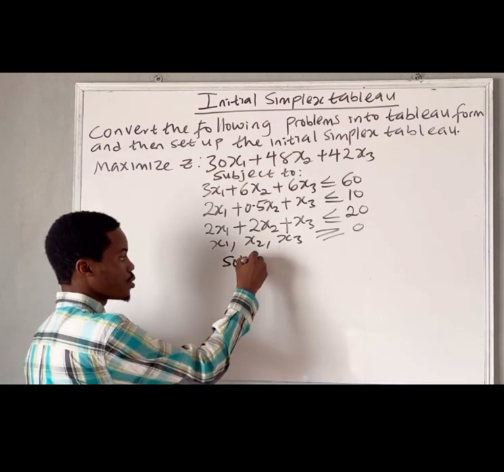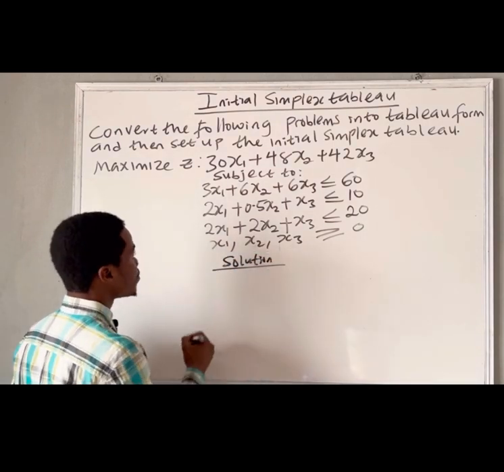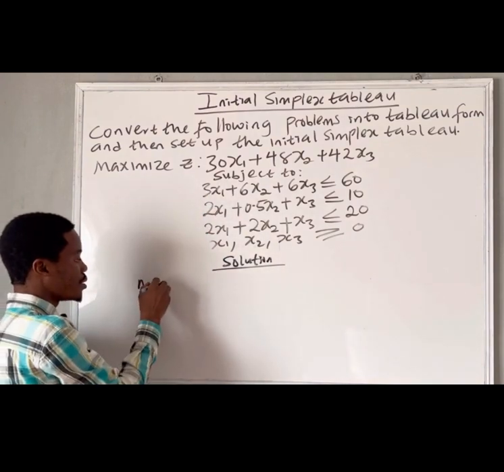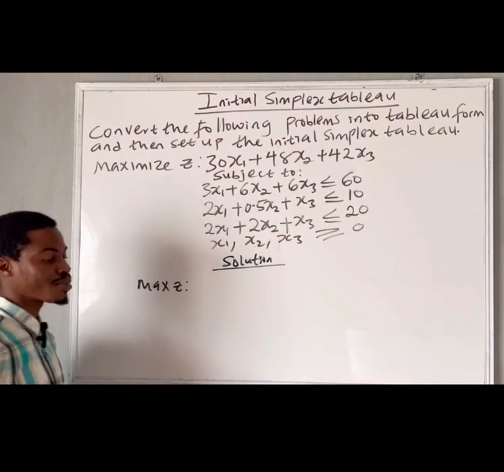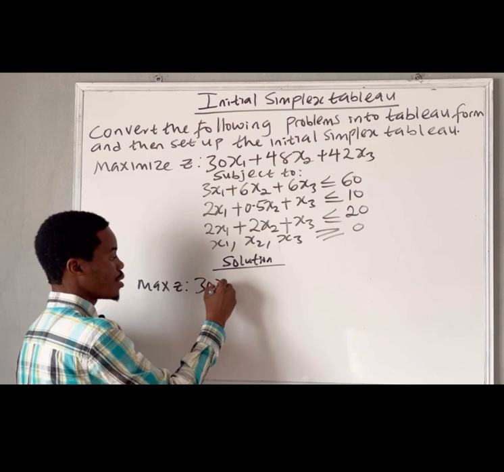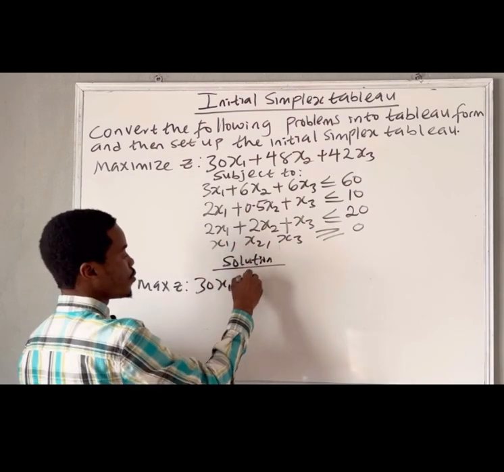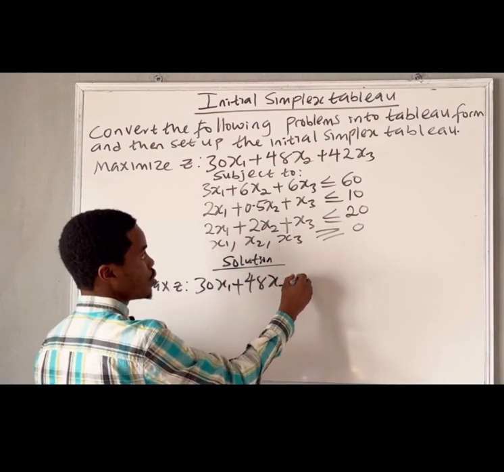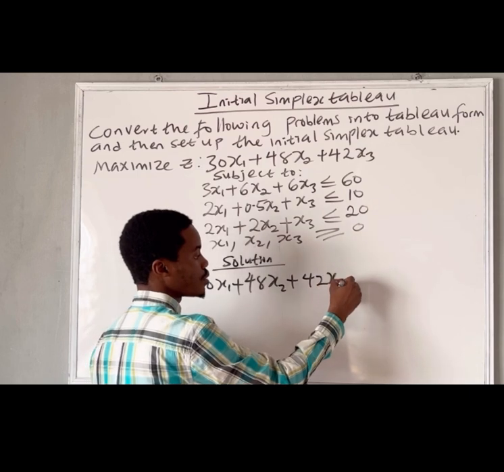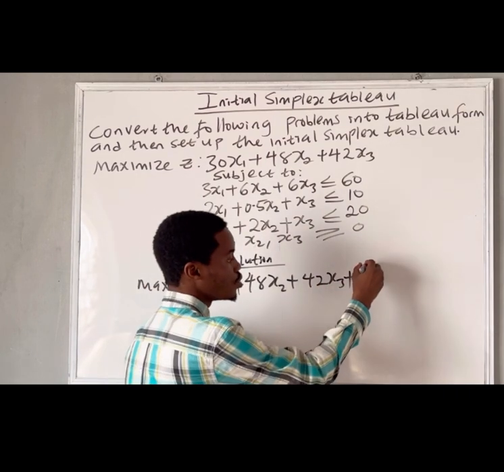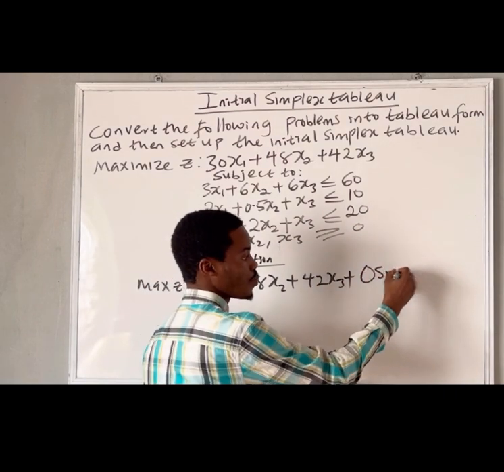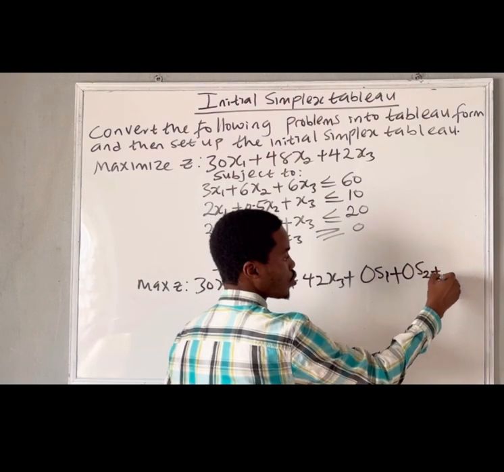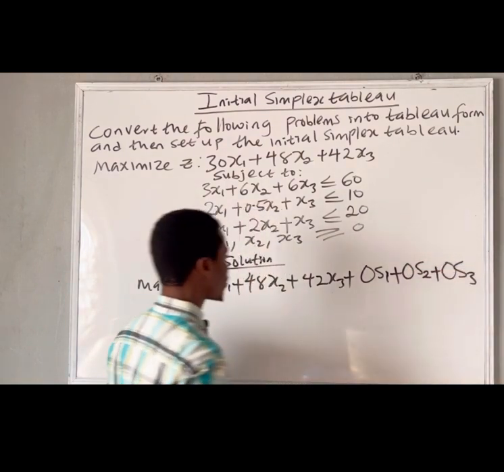So the solution to this is: maximize z = 30x1 + 48x2 + 42x3 + 0s1 + 0s2 + 0s3.